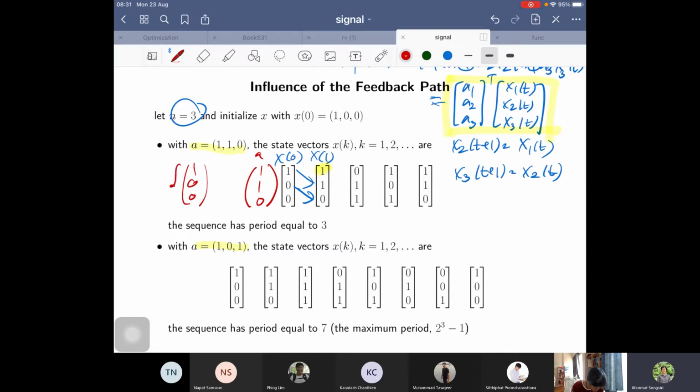And what you're going to do is take the modulo sum of all 3 entries. Everyone follow this? So 1 multiply 1 is 1. 1 multiply 0 is 0. 0 multiply 0 is 0. So Kanatat, what is 1 XOR 0 XOR 0?